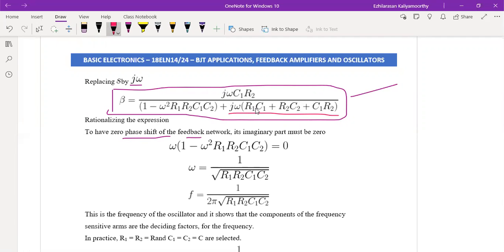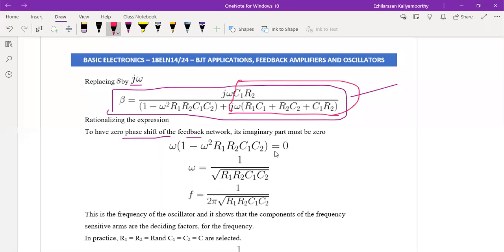So omega into R1 C1 plus R2 C2; this whole thing is imaginary, because in the numerator the real part is 0 and only the imaginary part is available. So make that equal to 0. Once you make it equal to 0, then what will happen? Omega 1, you will get like this.